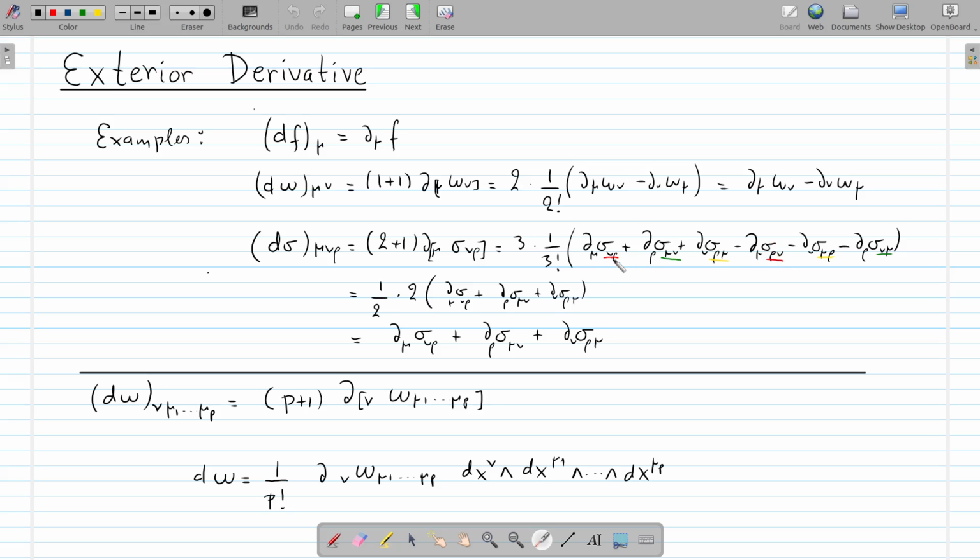If you change nu rho with rho nu, this minus becomes a plus. So we obtain twice this term here. So the end result will be that the components of d sigma are simply the derivatives of the components of sigma with all the positive permutations of the indices.